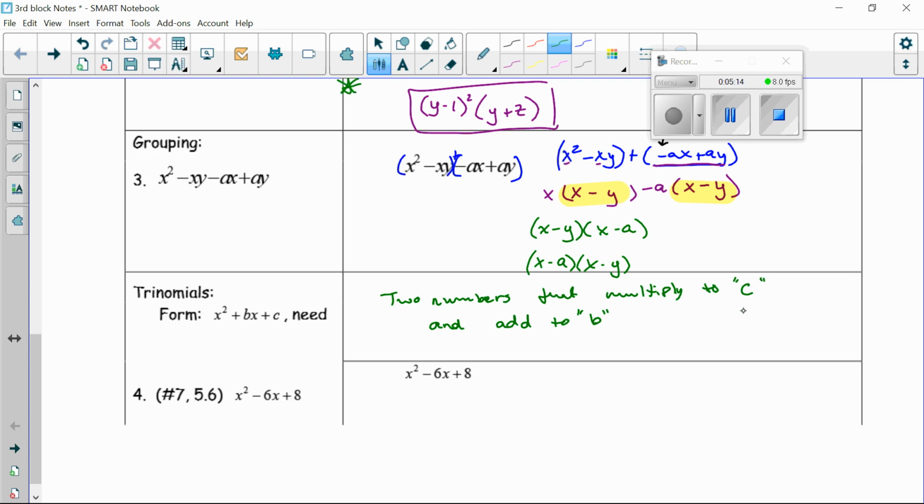Now, the reason for this is because you're factoring a trinomial into two binomials.